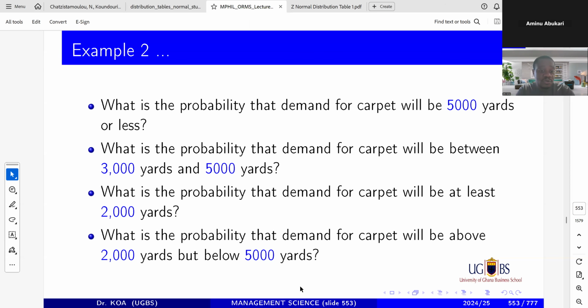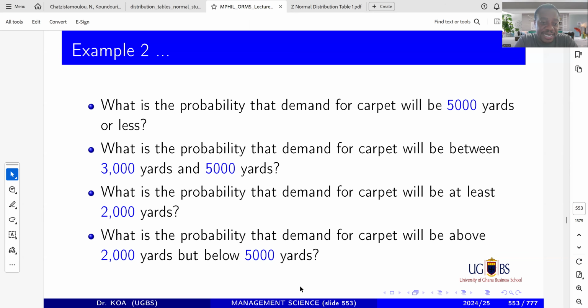I think you didn't listen to me at that very point. I indicated that it has no impact on reading the probability. But later on, when you are not reading the probability, it will have an impact. What I mean is this. Now we have been given X values. We are using the X values to get the Z values. Then we use the Z values to get the probability.